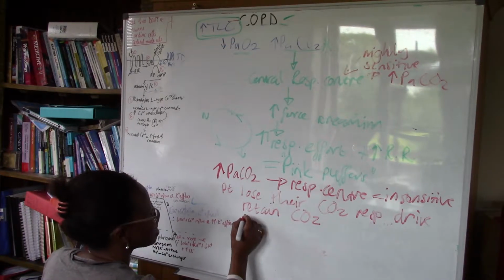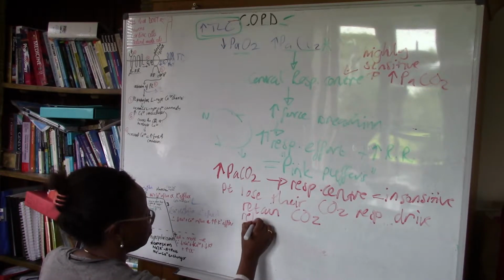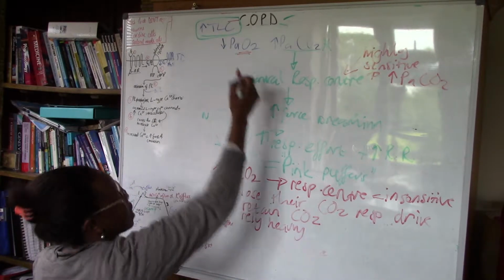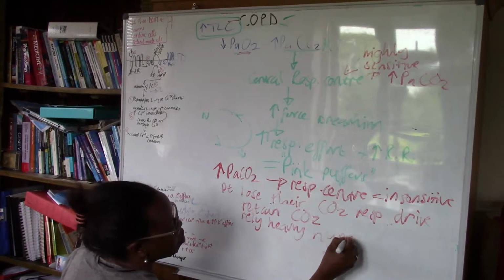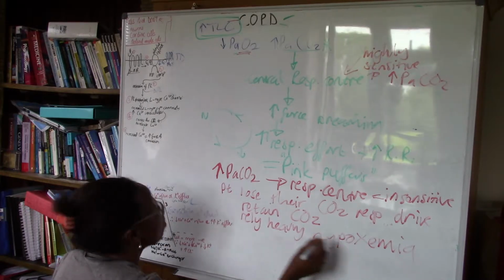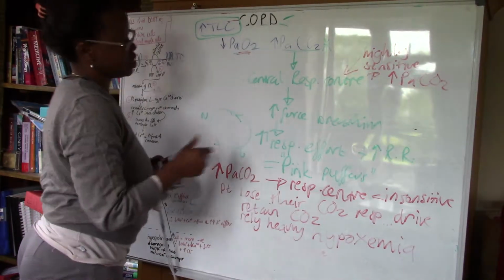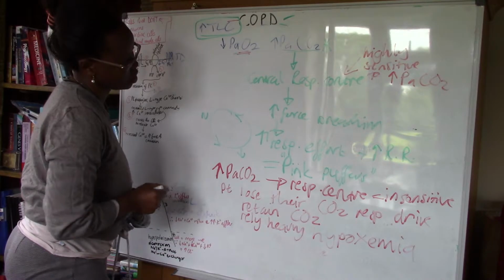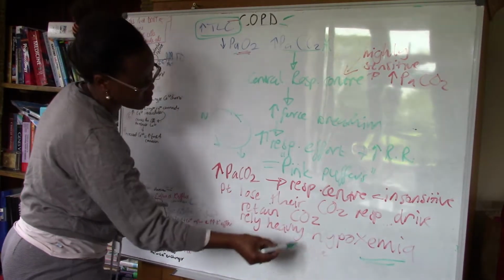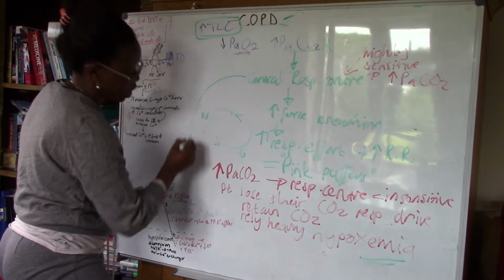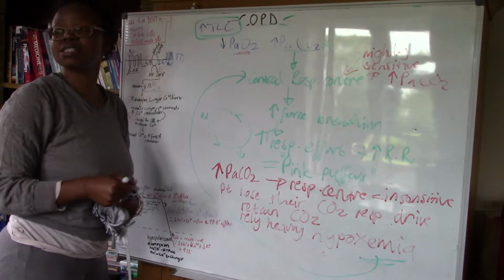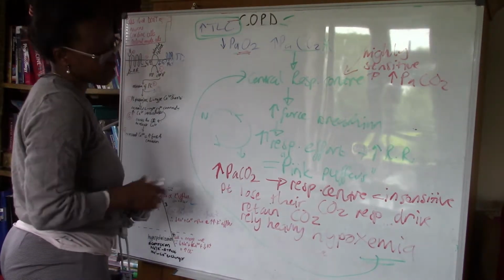Instead, they then start to rely heavily on hypoxemia, on that state of being hypoxemic. Hypoxemia is the one that then drives their respiratory drive, and this is how they sustain their lives.